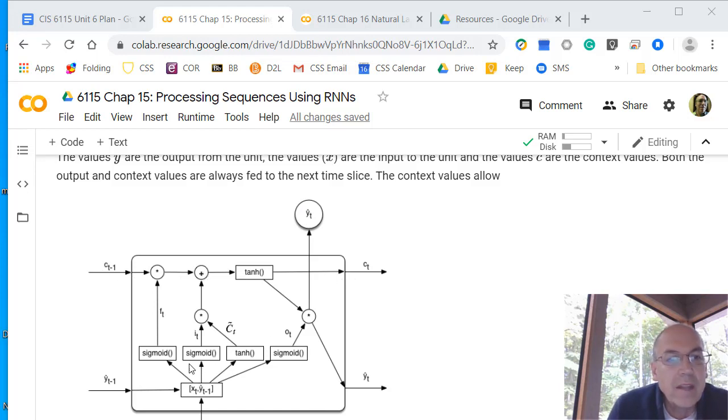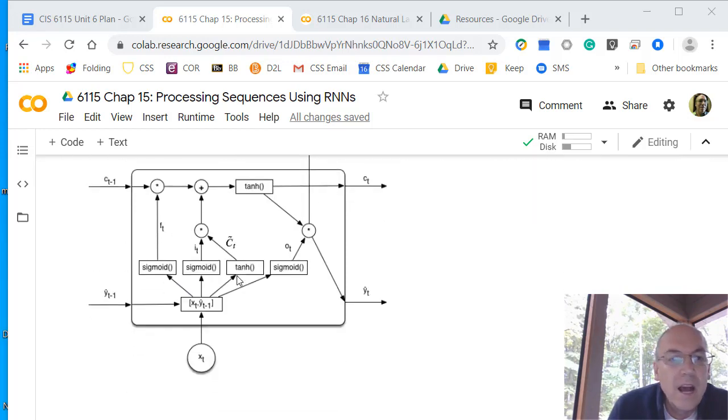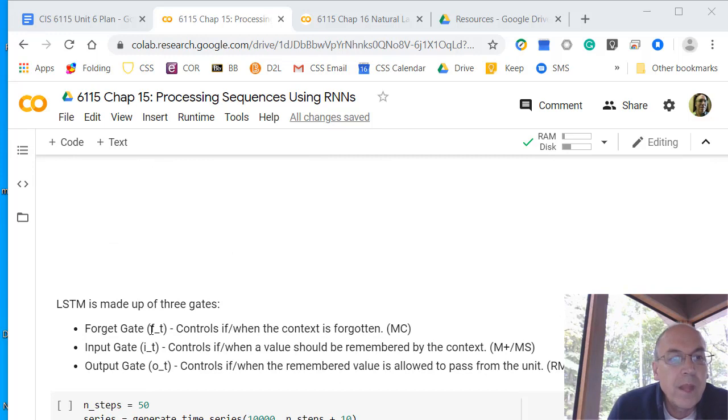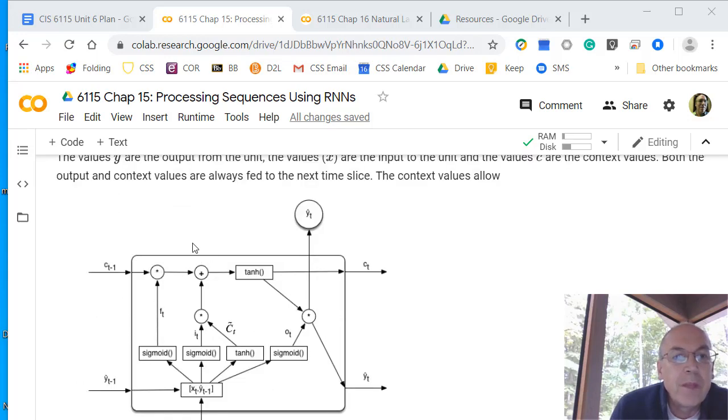And there are a couple of gates in here that decide when to change the context. There's a forget gate that controls if the context should be forgotten, and then another one that controls where we should remember the context. So if we see a new value come in, we want to remember that. So these networks are a little more complicated.